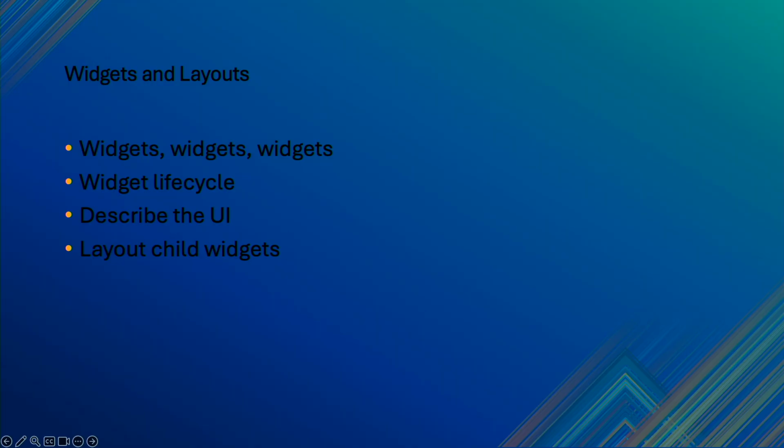And then if there's a problem with the layout, one common thing you'll see is a black and yellow striped overflow marker show up in your app, and that'll be the indication that you've made some sort of mistake. You've tried to fit too much along a single dimension, and Flutter is telling you that it can't work out your layout. And so that tells you to go back and figure it out.